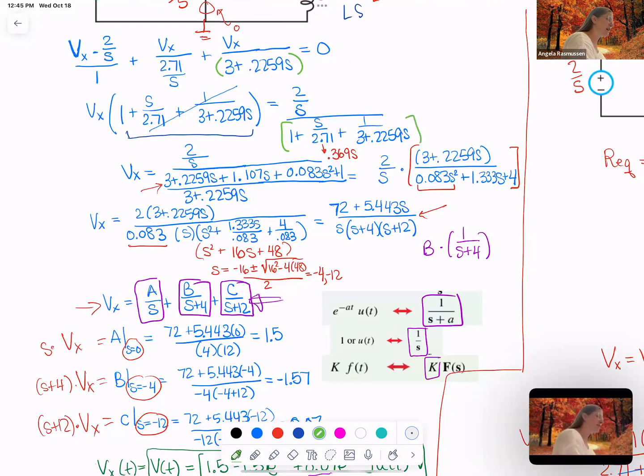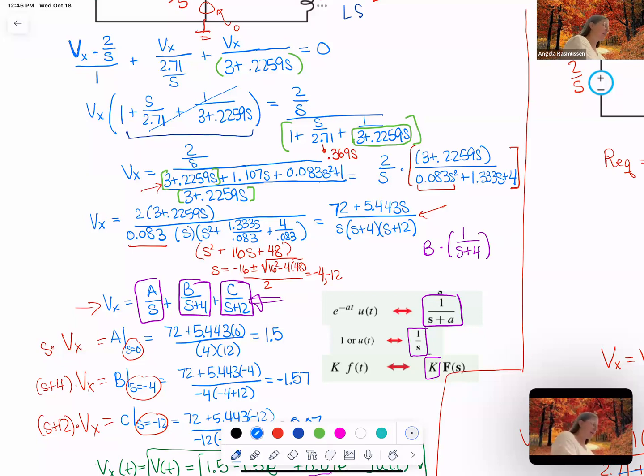divided by the Vx. And then I need to get a common denominator for that one. So I use the 3 plus 0.2259 S. And I multiply that out so that it becomes the 3.2259 S divided by 3.2259 S, this is your 1.